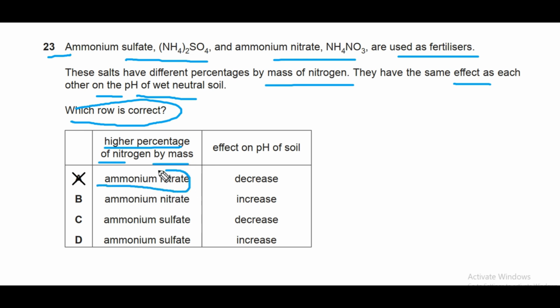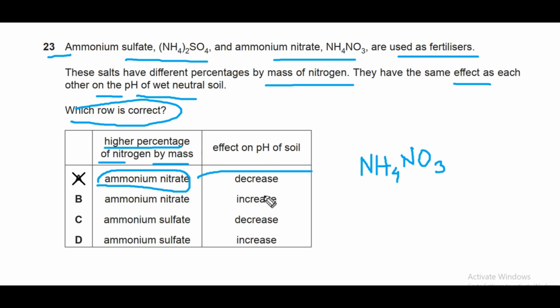Higher percentage of nitrogen by mass is ammonium nitrate. Ammonium nitrate, NH4 and NO3, so here 2 nitrogen.